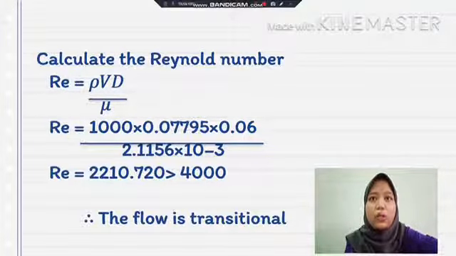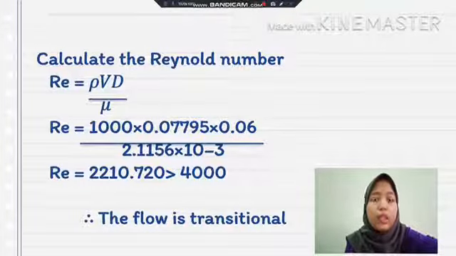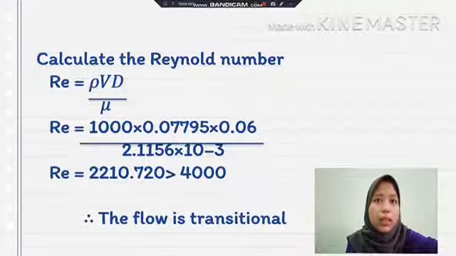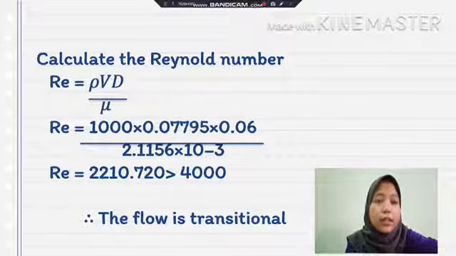Next, we need to find the Reynolds number so that we will know the type of flow inside the pipe. The Reynolds equation is rho times volume of flow rate times diameter divided by the dynamic viscosity of the fluid.